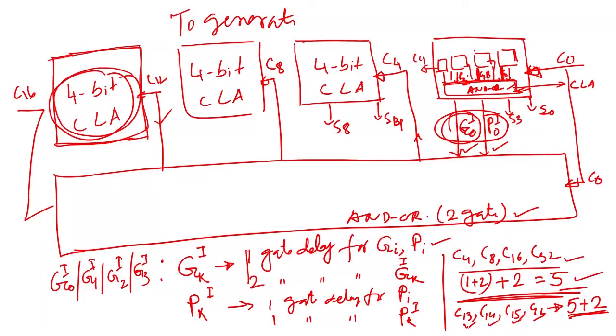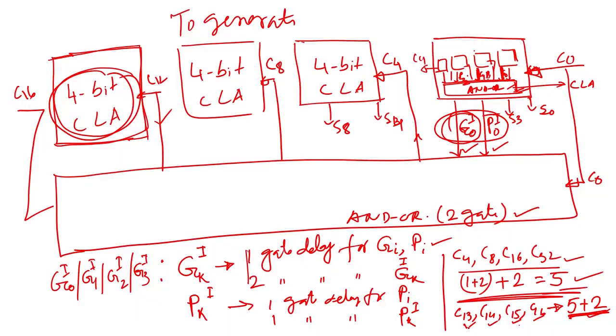And if you move back to the 4-bit CLA circuit, what happened is that C1, C2, C3 and C4 will be generated simultaneously at 3 gate delays, but you can say 2 gate delays after generating GiPi. GiPi is already generated, everything finishes here. So, it will take 2 gate delays for generating C13, C14, C15 and C16. So, total 7 gate delays.